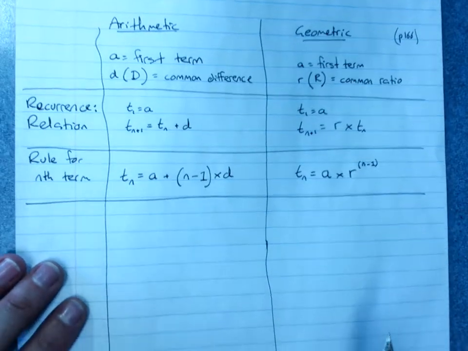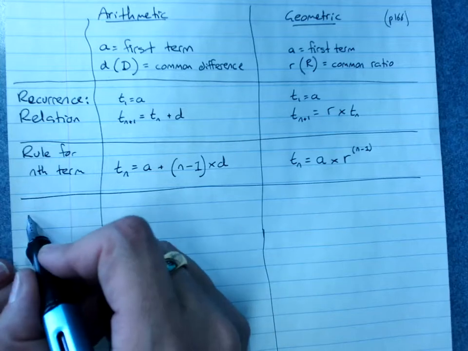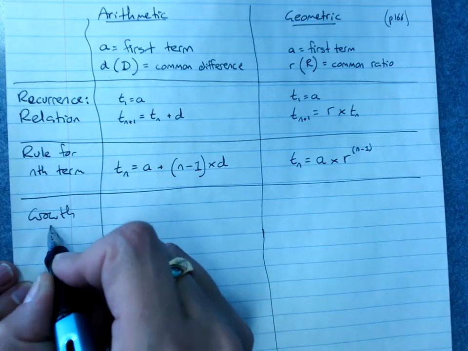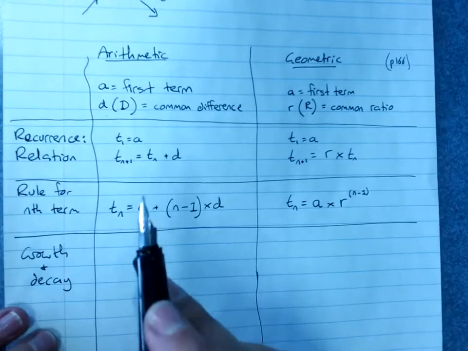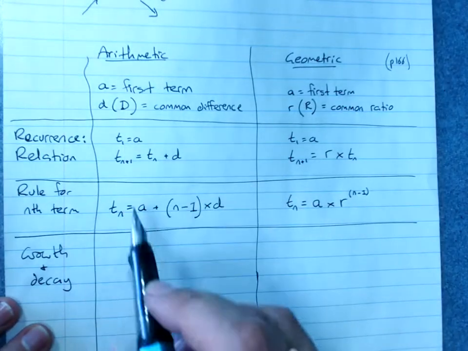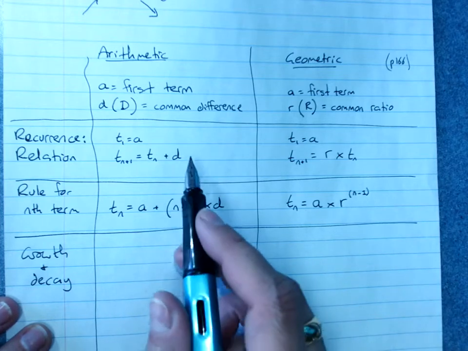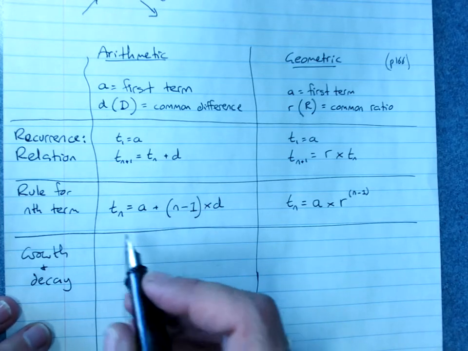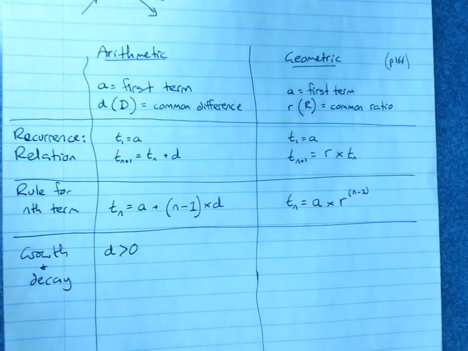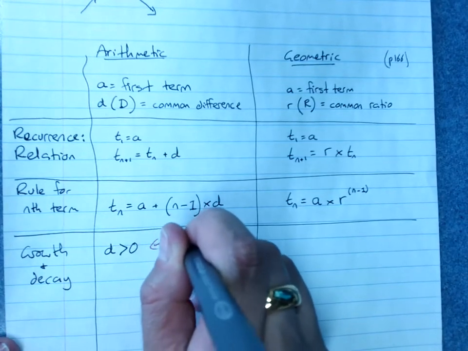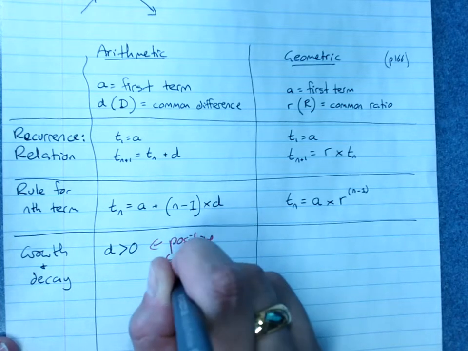Now, in terms of growth and decay, an arithmetic term increases when I'm adding a number, that is, when the common difference is positive. It's more than 0, and I'll add a little note there, positive common difference.